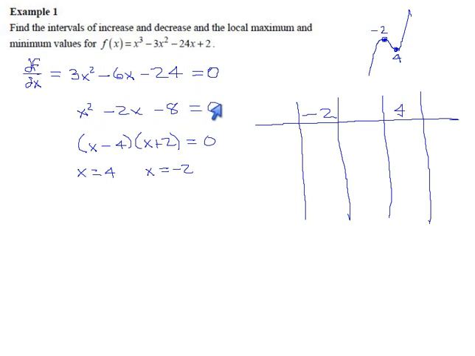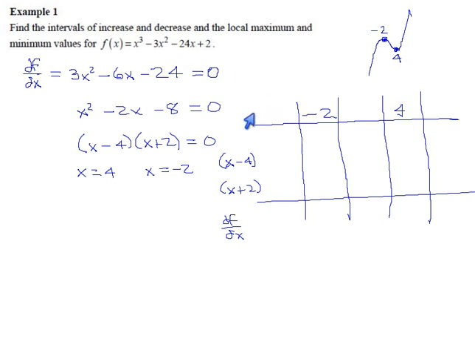Where is it greater than 0? And where is it less than 0? Which means we're going to evaluate its pieces, which are x minus 4 and x plus 2. We'll see what their signs are, and then we'll combine them and see what the overall derivative has for a sign.